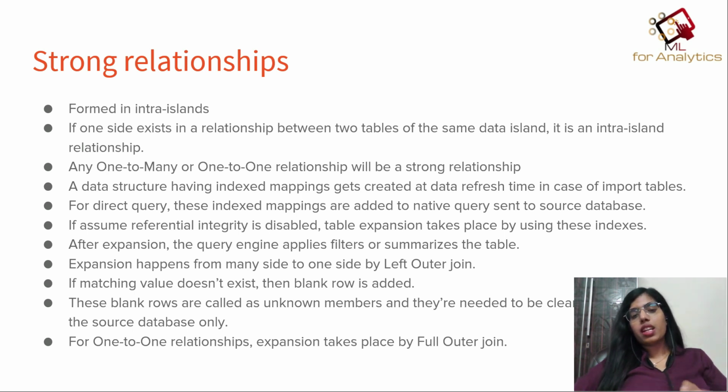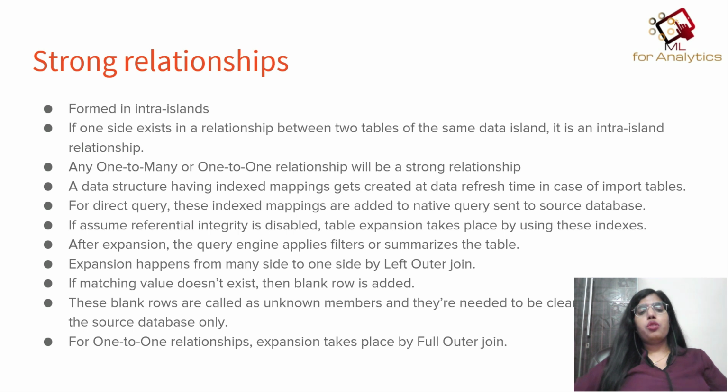Actually, these index mappings help in making those queries faster, as in decreasing the refresh time. All the data rows are fetched faster by means of these index mappings. So this is actually a part of optimization that is done by the engine.